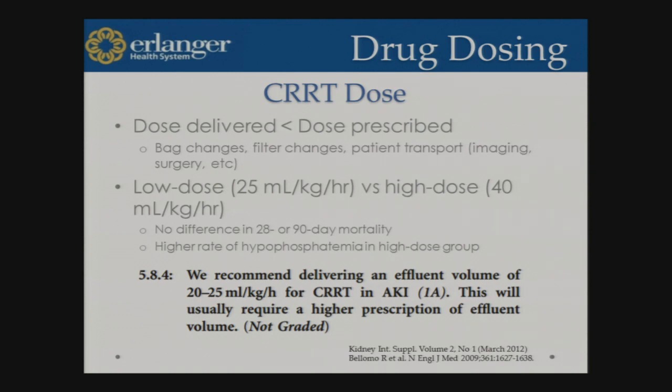The KDIGO guidelines recommend a dose of 20 to 25 mL/kg/hr, but also recognize that the patient probably isn't going to get that. So typically we're going to prescribe 25 to 30 mL/kg/hr, and that would be considered a normal CRT dose.